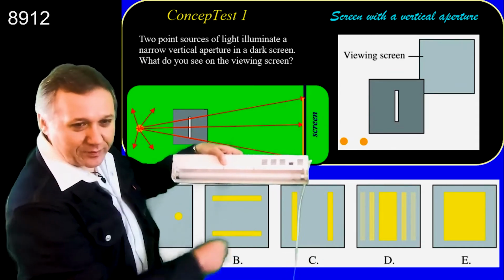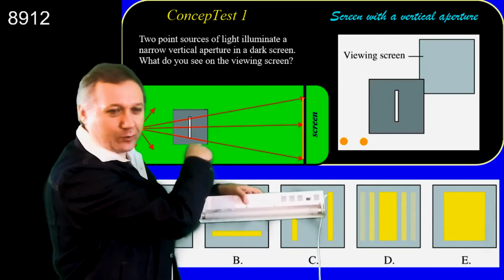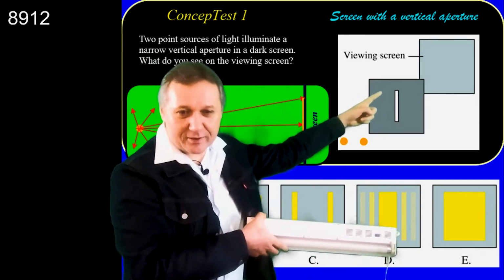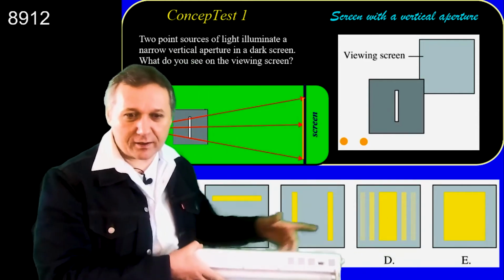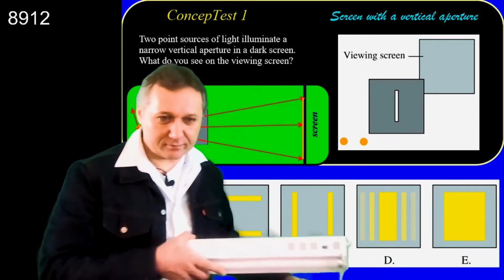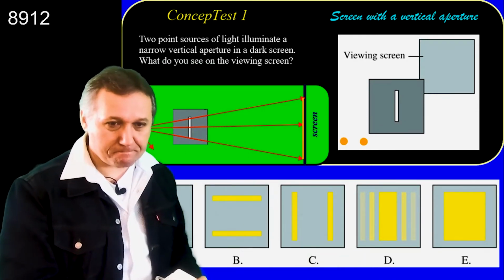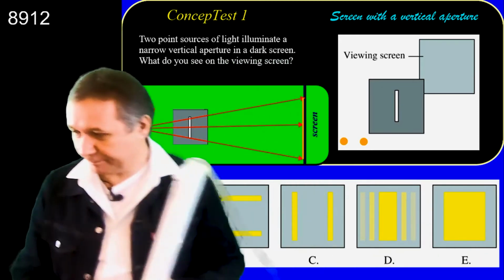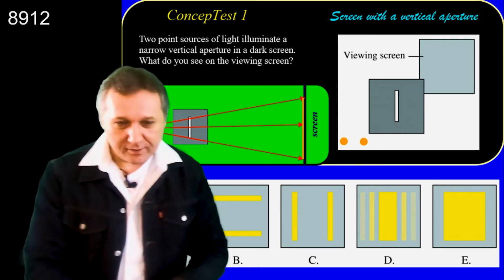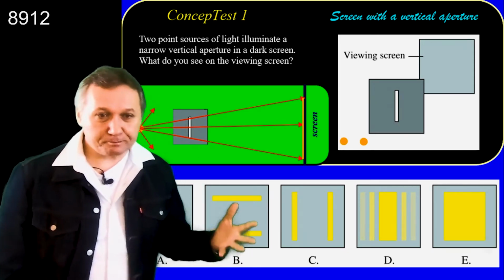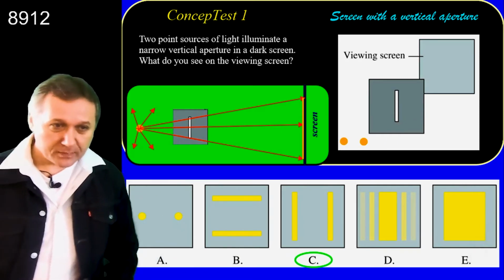Basically a bunch of point sources. With this hole on the screen, we can get the rectangle, that distribution of light. So the answer is, of course, C for this question.